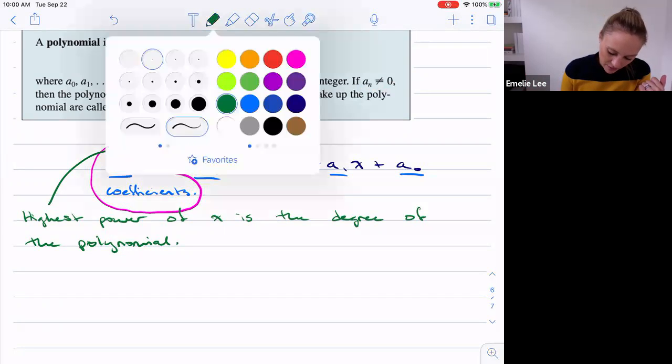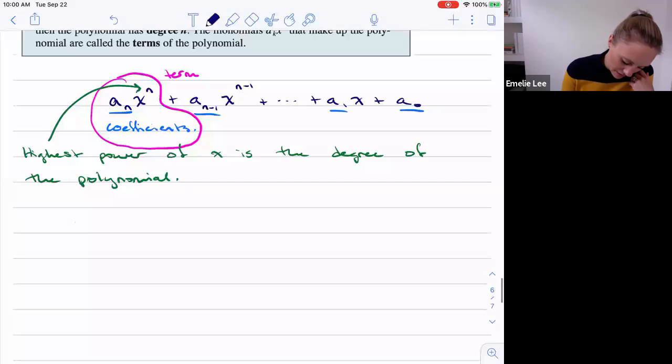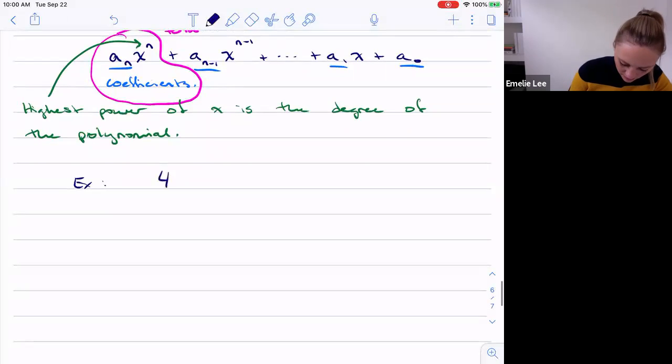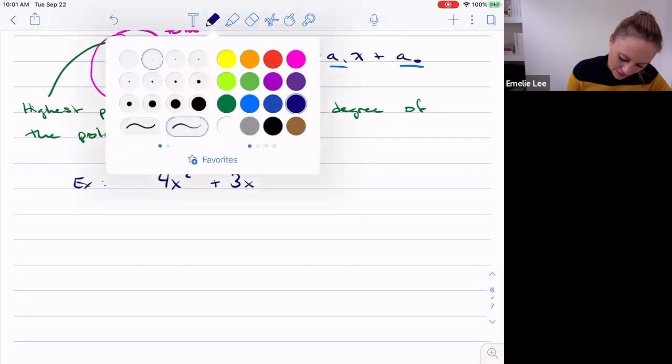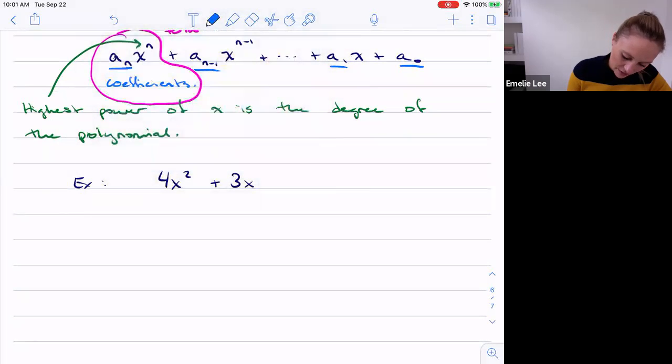So for example, a polynomial might look like 4x squared plus 3x. Here's a polynomial. Here we have x squared, so the degree of this polynomial is 2.